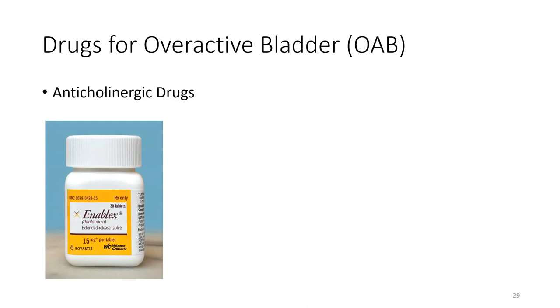Darifenacin is an Enablex. It blocks the action of acetylcholine to treat OAB, but its common side effects are anticholinergic side effects: blurred vision, dry mouth, urinary retention, and constipation.